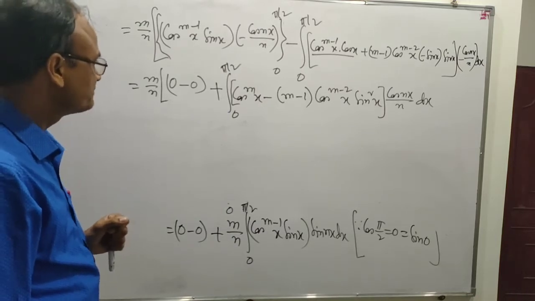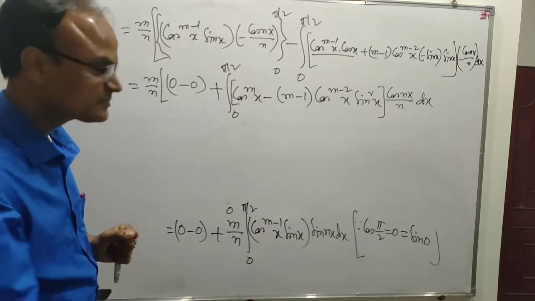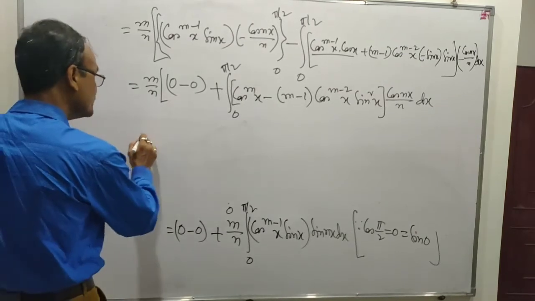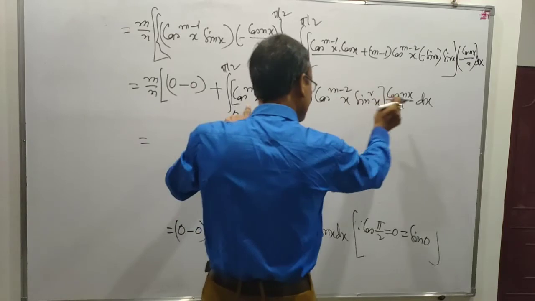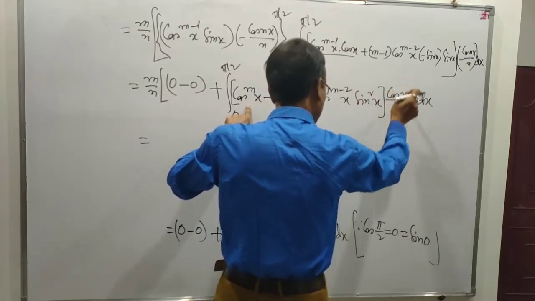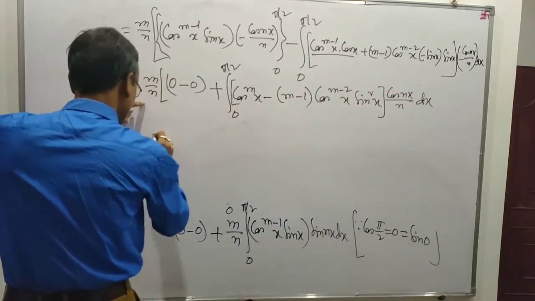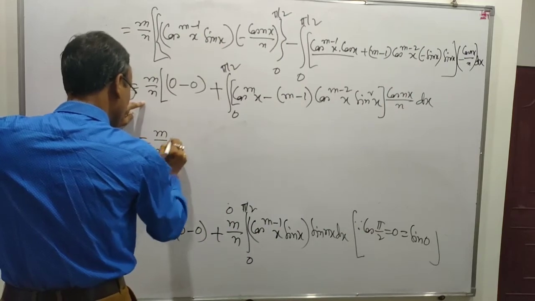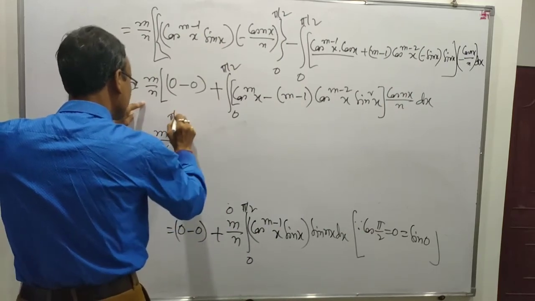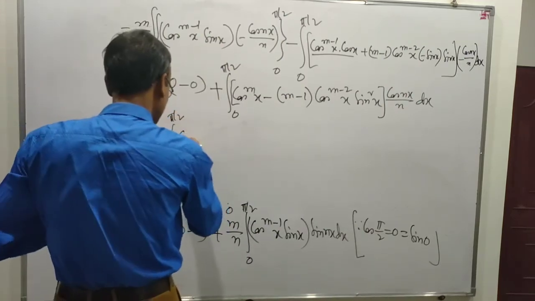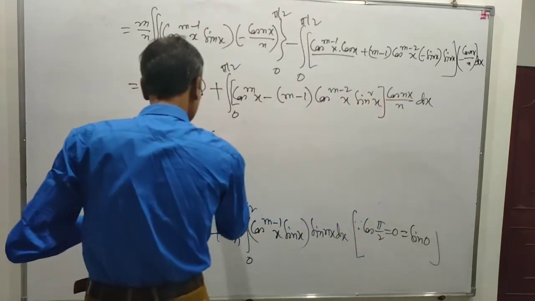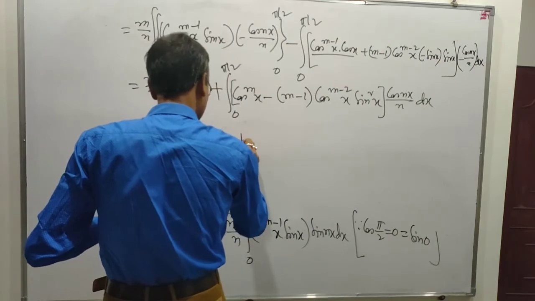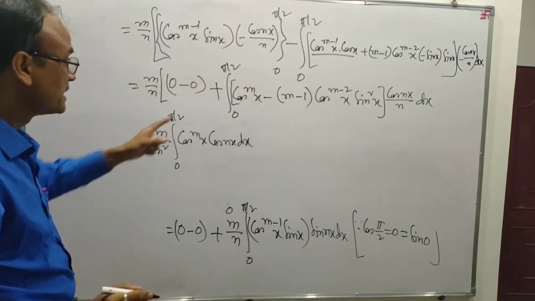Am I right? This is equal to, first we write this down. This is multiplied by cos nx divided by n. Therefore, it will be m divided by n square, the integral from 0 to pi by 2 of cos to the power m x into cos nx dx. It will be like this.